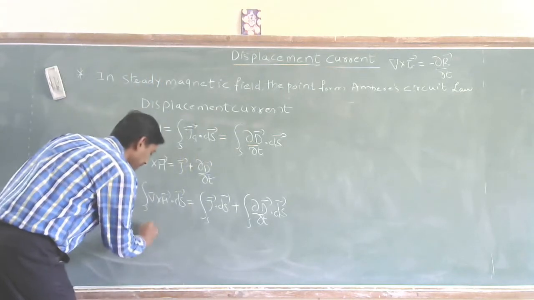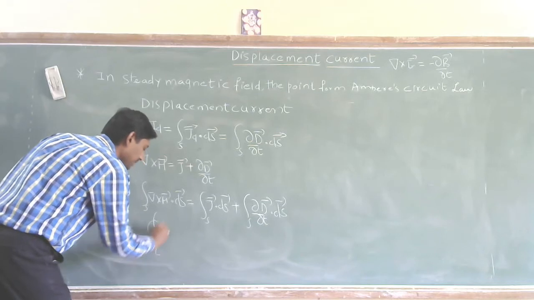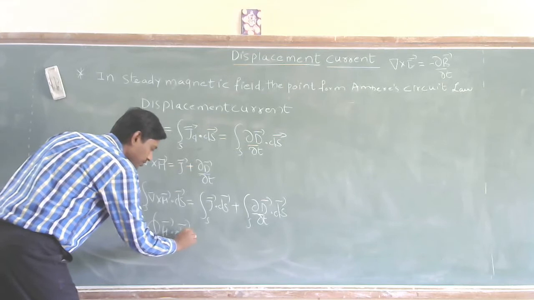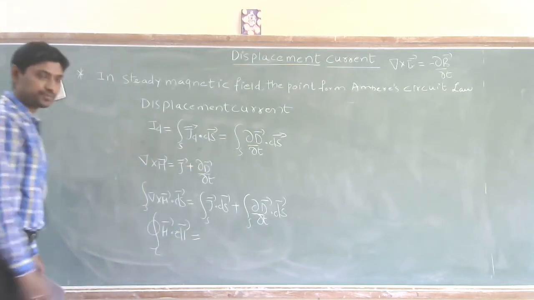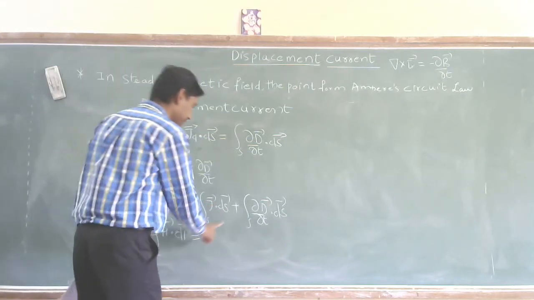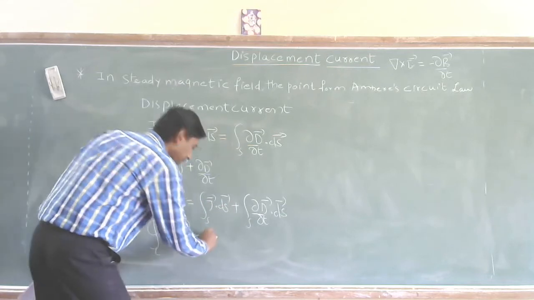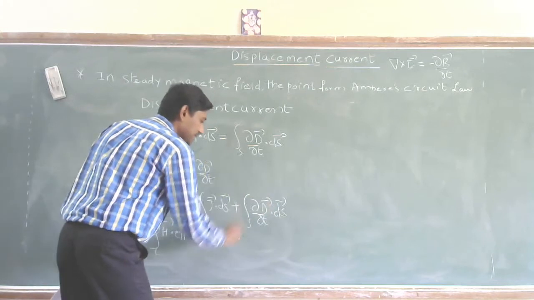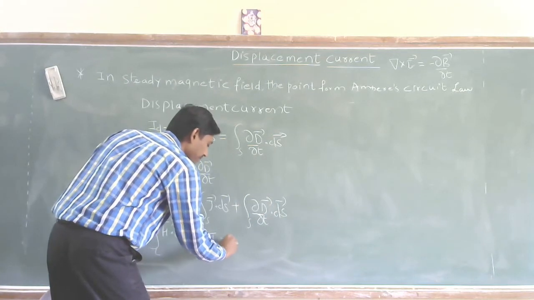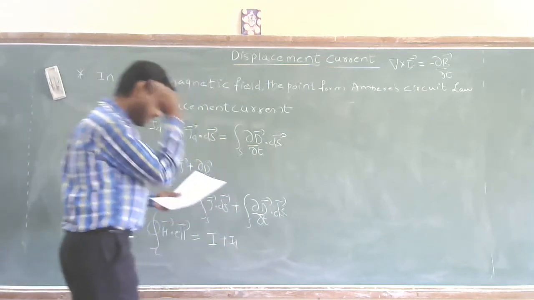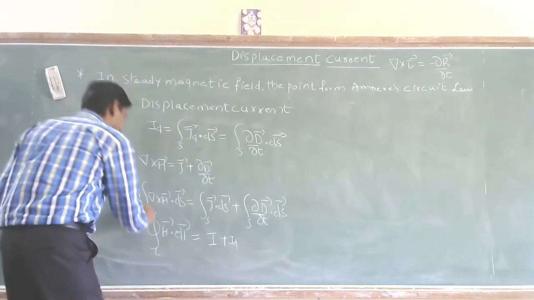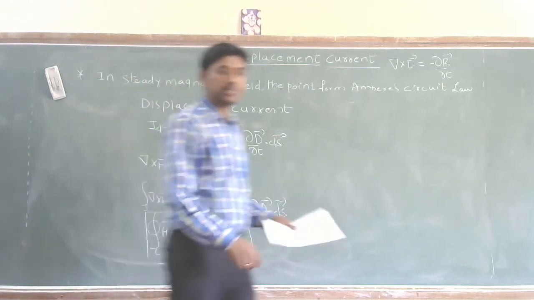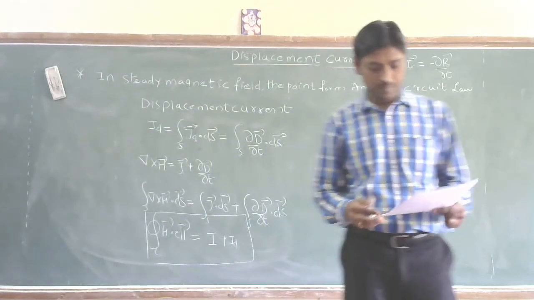So I can write this as the closed line integral of H dot dl, and you could see this is nothing but a current I, and this is the current ID. This is Ampere's circuit law in the integral form.